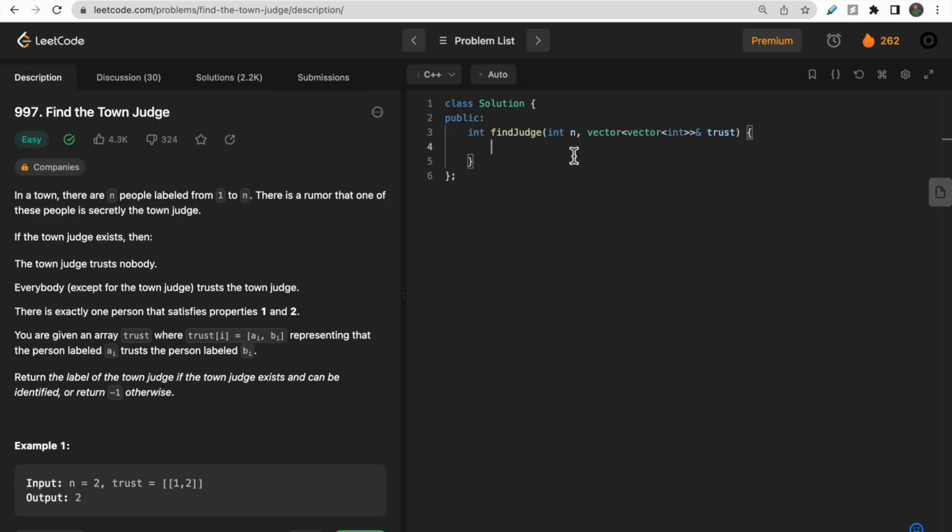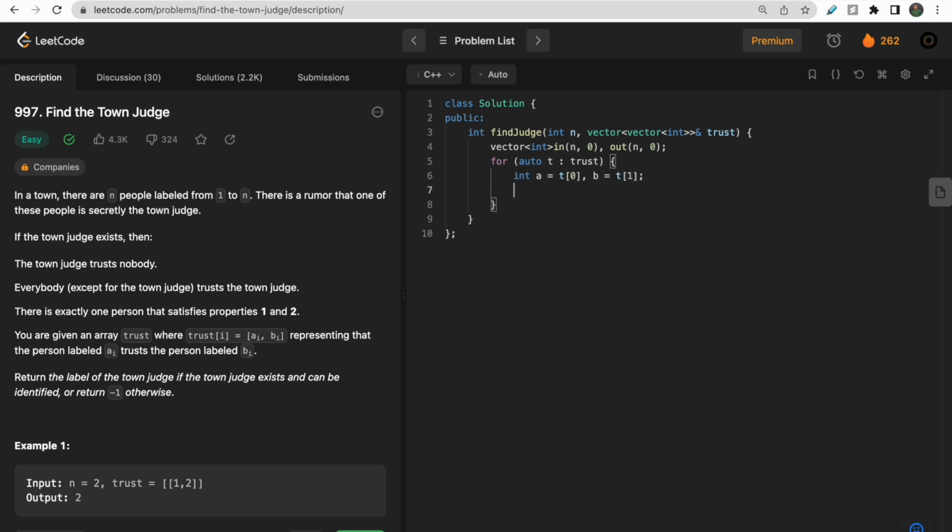Now I will show you the graph approach, that is using the in degree and the out degree. For that, I will create two vectors of size n, in and out, and store 0, that represent the in degree and the out degree. Now we will traverse this trust array, where a is equal to t of 0 and b is equal to t of 1.